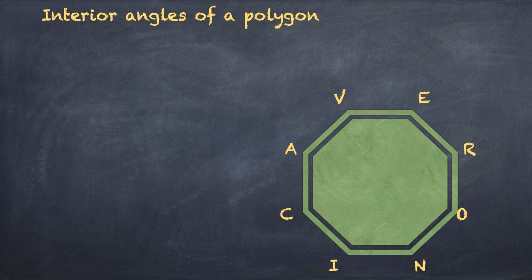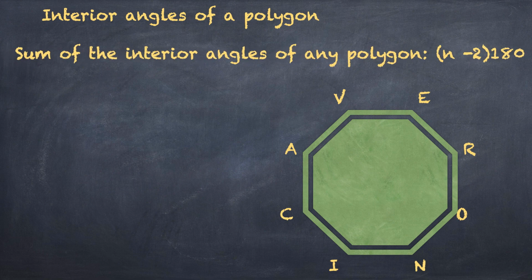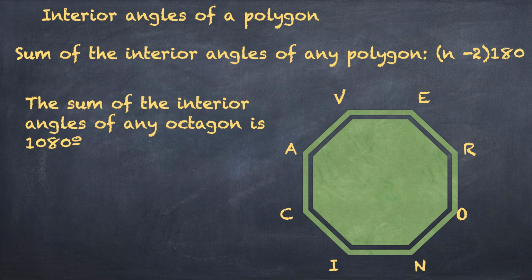Okay, now we're just going to talk about the interior angles of polygons. And in this case, on octagon VERONICA, we are going to note that the sum of the interior angles of any polygon is the quantity of n minus 2 times 180. n is still the number of sides.